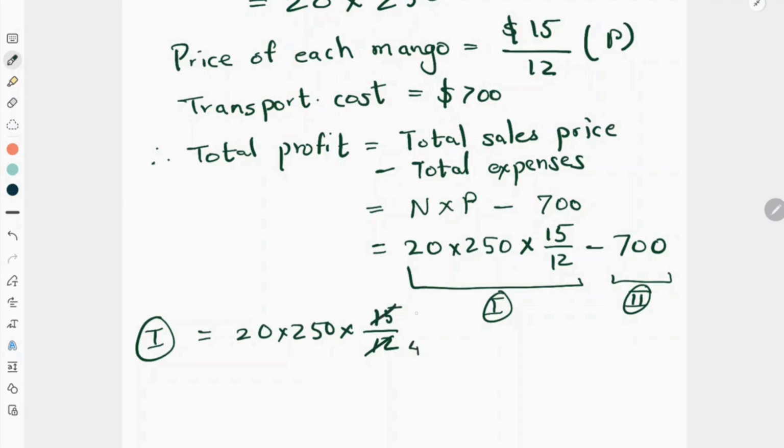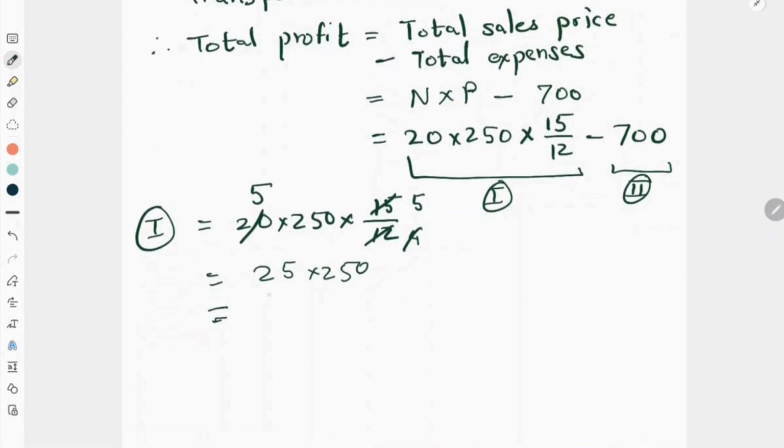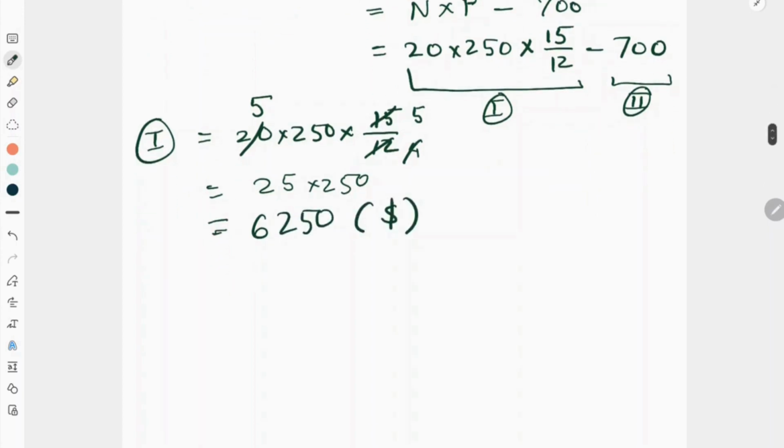This is 4, this is 5. This 4 further divides 20, this becomes 5. So we have 5 times 5 is 25 times 250, which we can do in our head. Actually, this is not that difficult, $6,250. Or you can multiply using long multiplication.